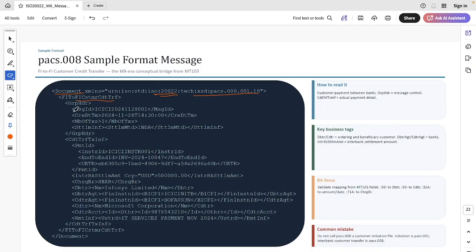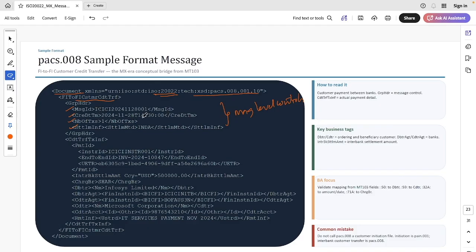Now inside it we have the group header. Inside group header we see fields like message ID, creation date time, number of transactions, settlement information. These are message level controls. Message ID basically identifies your message.